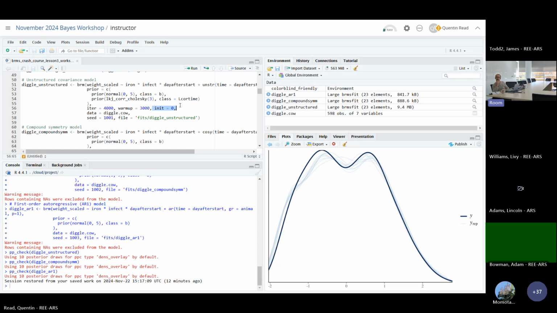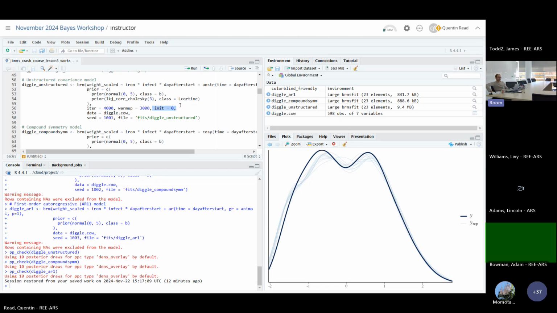You can specify what it initializes to, or you can initialize all parameters at 0, so the Markov chains start with all parameters set to 0. That only matters during the warm-up time. It won't affect the final result, but when I tried it without initializing at 0, it made a lot of errors. So by trial and error, I found that if I initialized the parameters to 0, the model would sample.